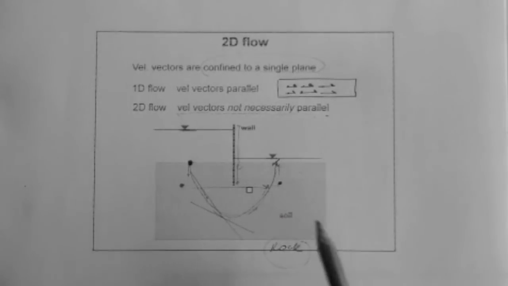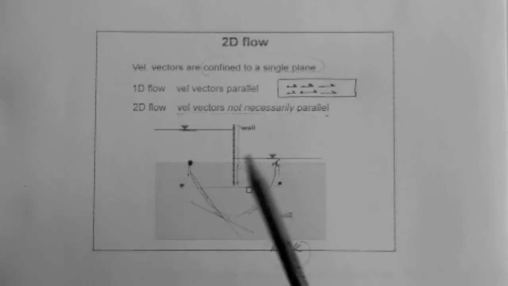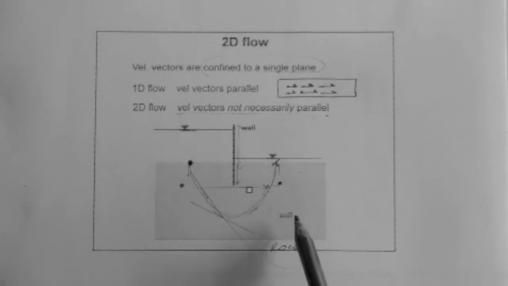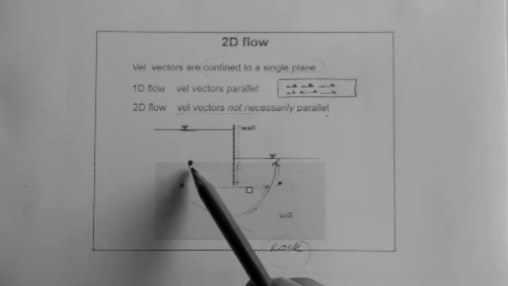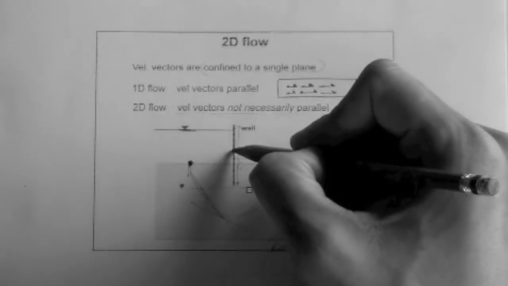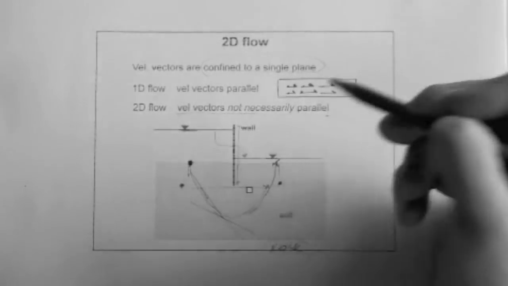So what we assume is that the flow will be confined to the soil layer above the bedrock. We assume that the fluid doesn't flow through the rock, even though it actually may, but it does so very, very slowly, therefore we can neglect that flow. The flow is going to be concentrated or confined in the soil mass. Clearly, if there is a hole in the wall, then the water is going to flow through that hole like that.